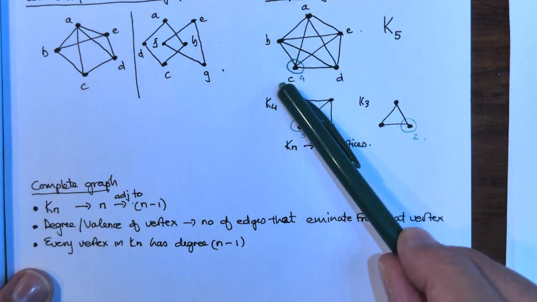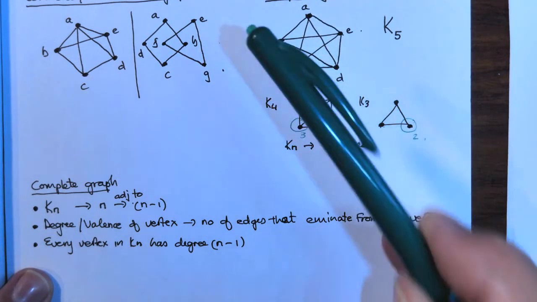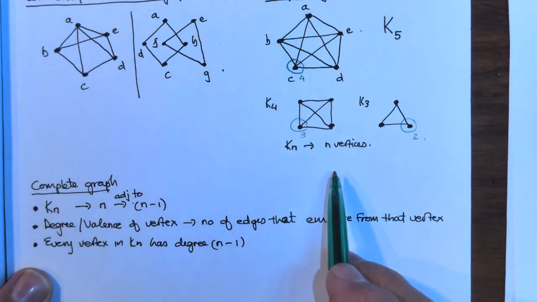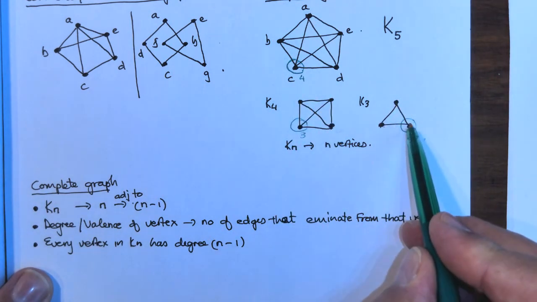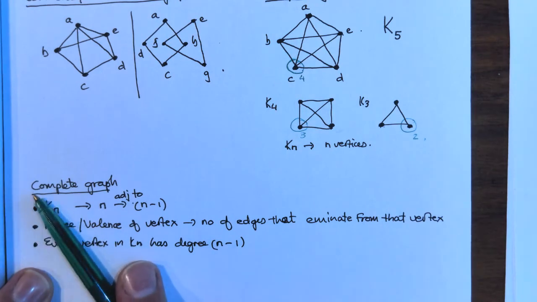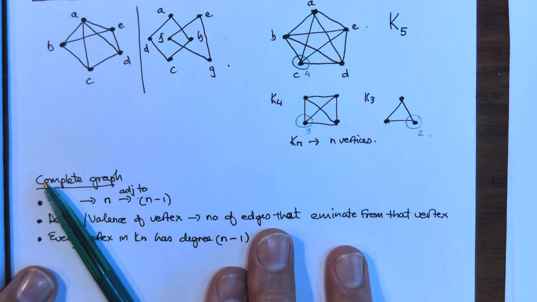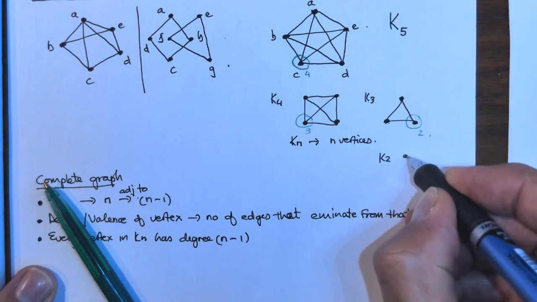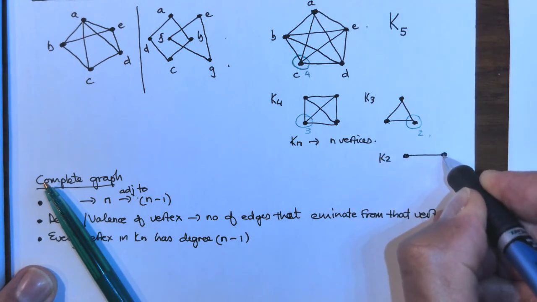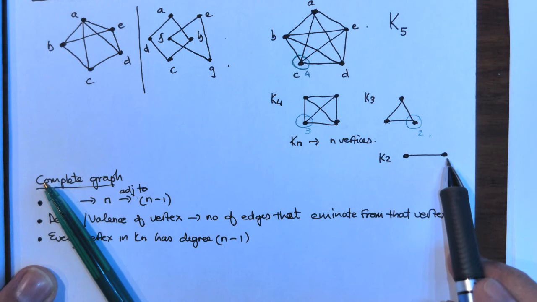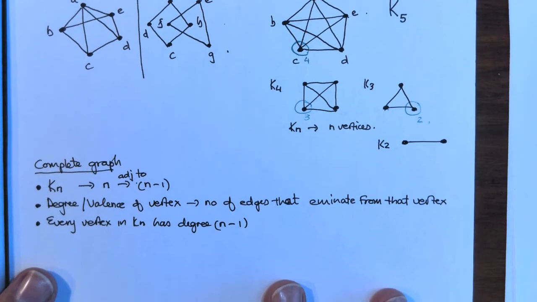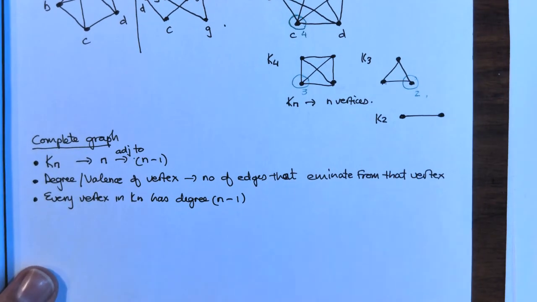There's 5 vertices, each vertex has a degree of 4. There's 4 vertices, each vertex has a degree of 3. There's 3 vertices, each vertex has a degree of 2. Now what does K2 look like? K2 will be there. Each vertex will have a degree of 1. Okay, so that seems to hold for what we're trying to say.